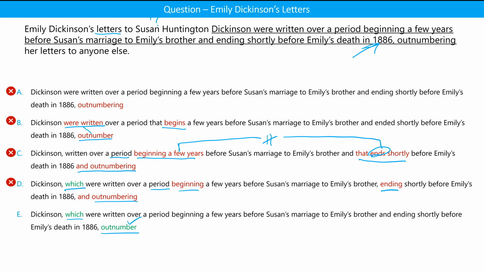This modifier can jump over that prepositional phrase because they are both modifying the same noun entity, letters. So this is completely okay and is grammatically and logically correct. So choice E in this situation is indeed our correct answer.